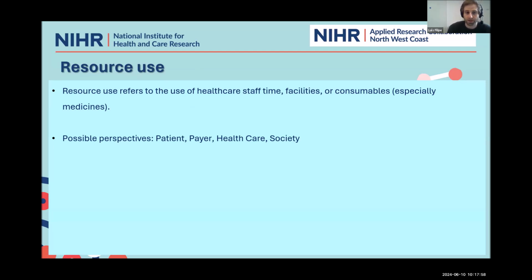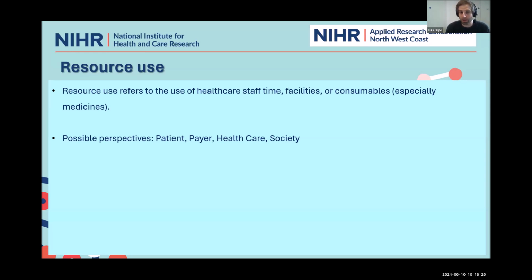So you may have the patient perspective, where the patient will care about the amount that the patient pays. Here in the UK, it would be the amount of out-of-pocket, if you have any. Most of the time you don't. You just go and you don't pay anything. But if you have any out-of-pocket payments, then the resources that cause that payment are the resources that are relevant to the patient.